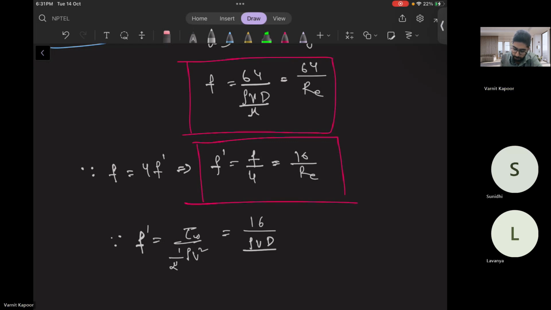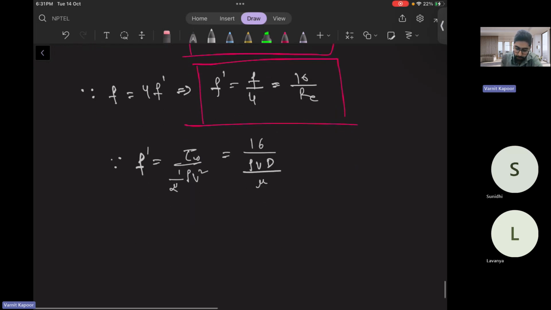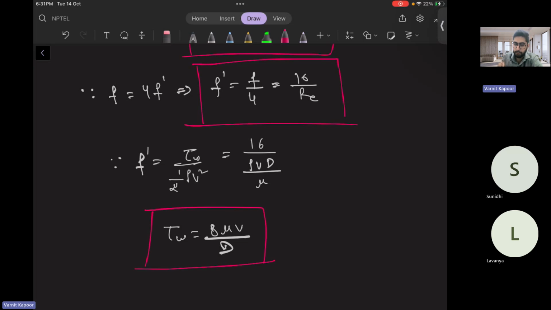So if you compare, your wall shear stress will come out to be 8 mu V by D. So if the examiner is asking what is the wall shear stress relation for a laminar pipe fully developed flow, your answer will be this.